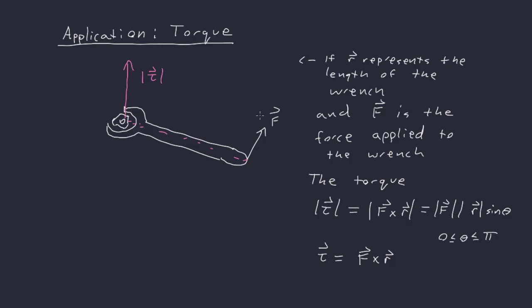So if we're following the right-hand rule, we think about R as a vector pointing away from the bolt itself, and the force acts here, so we often redraw it over here. Sorry, the torque is actually R cross F.